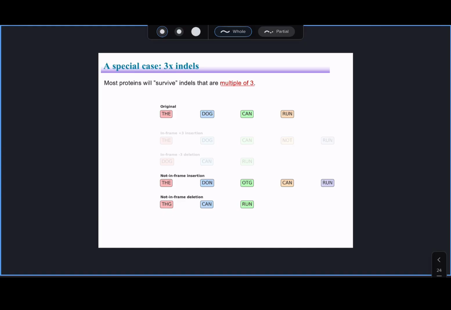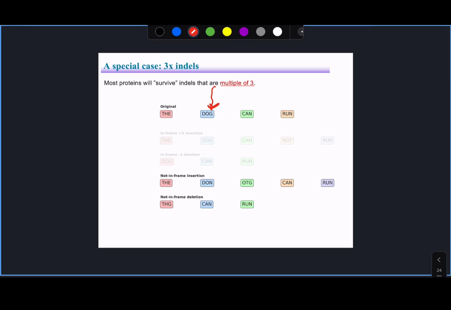Here, the not in-frame insertion happened right between DO and G. And we inserted the same word that we were inserting before, NOT, not. Well, we're inserting right in the middle of the word dog. What happens is dog breaks, but it kind of rescues it in the next codon.